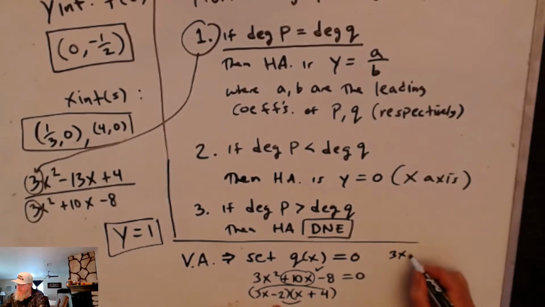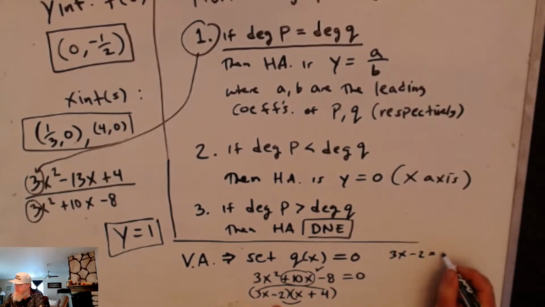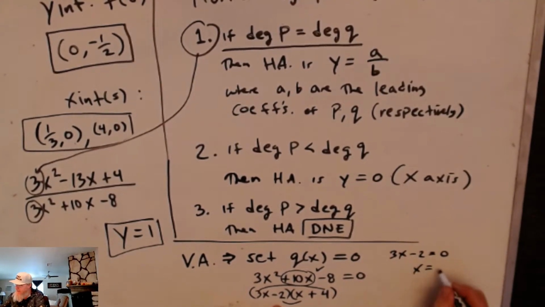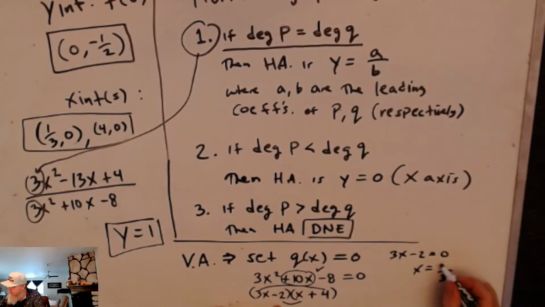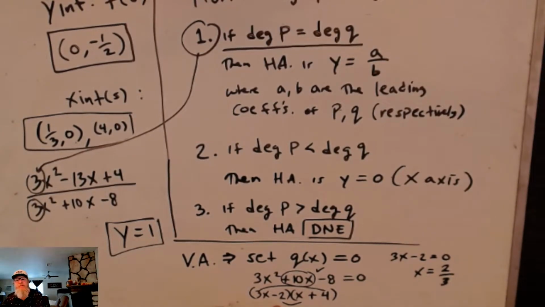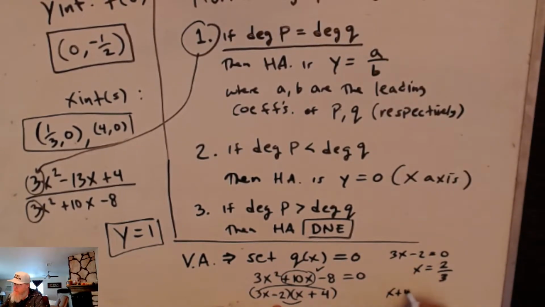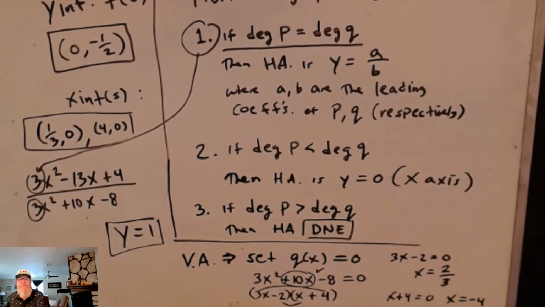Okay, so my asymptotes are 3x minus 2 equals 0. Again, I'm going to skip the steps. We're pretty far along in the course, so that'll be 2/3. And then x plus 4 would be -4. All right.